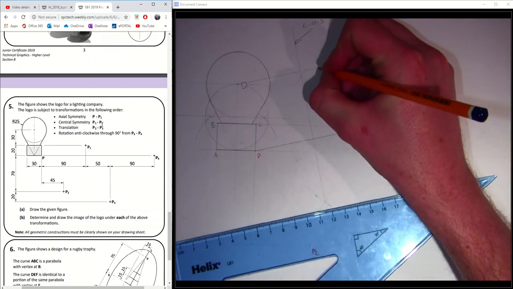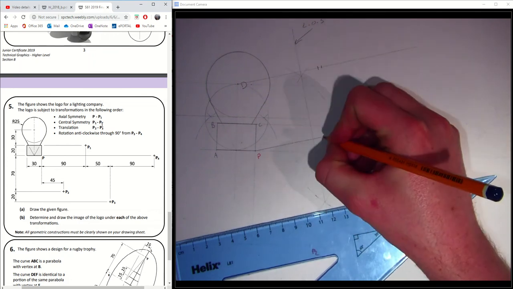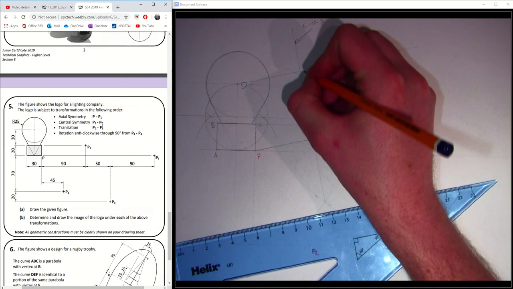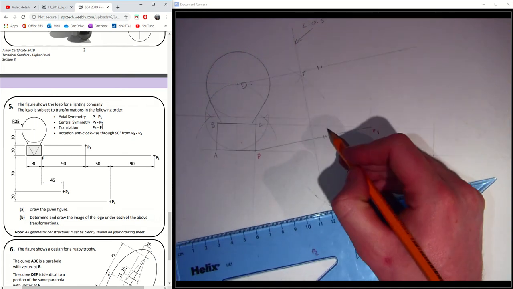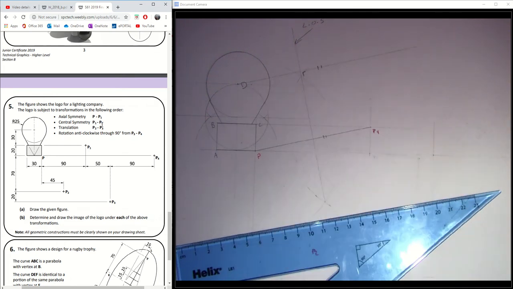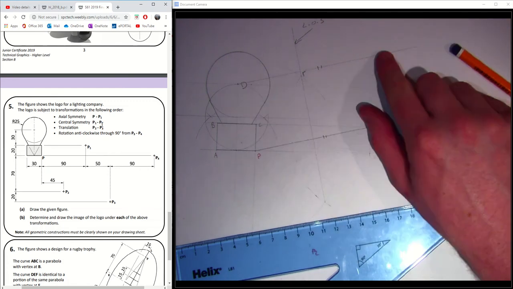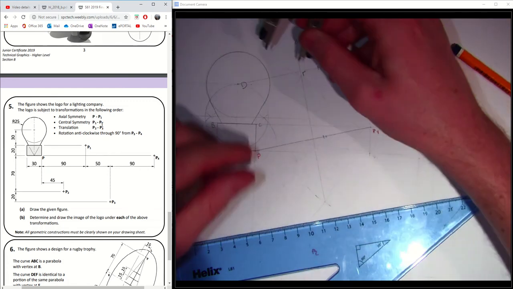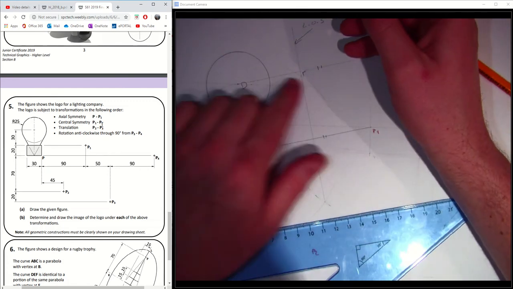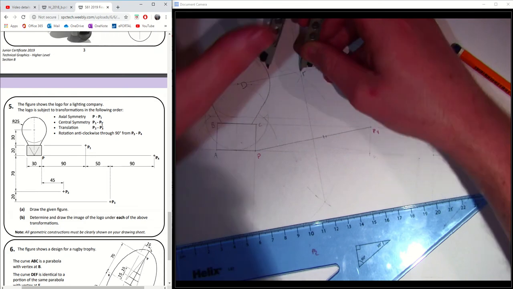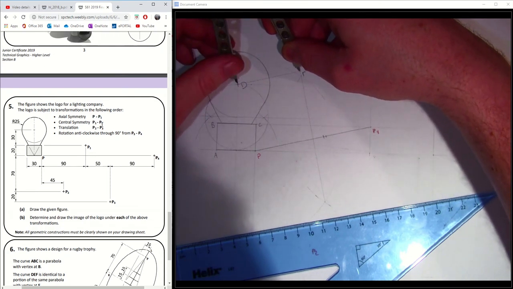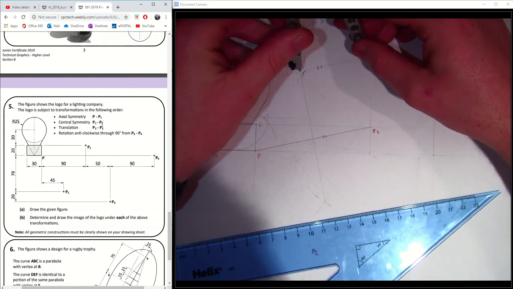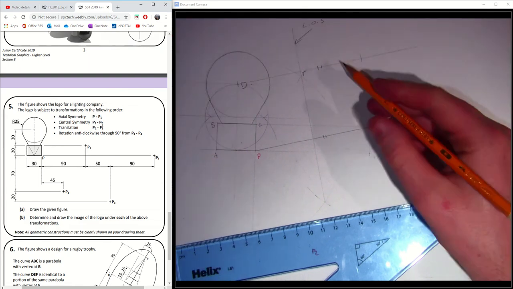This line is parallel to PP1 and perpendicular to my line of symmetry. I want to find point D over here. So I'm going to get the distance from where that parallel line intersects my line of symmetry to the point D, and I'm going to mark it and rotate this line over to the far side.